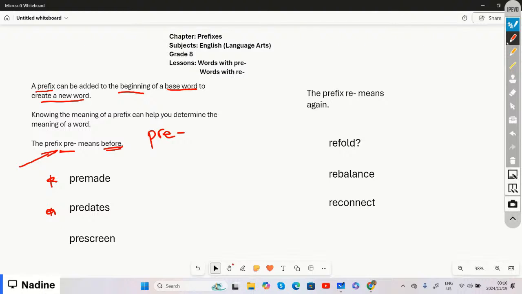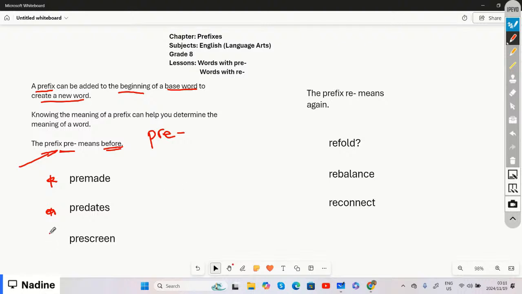Let's say, for example, I make mention of a laptop. Something that predates a laptop is a computer. Computers were there way before laptops. Your Nokias were there way before your iPhones. So literally, predates means way before something else.